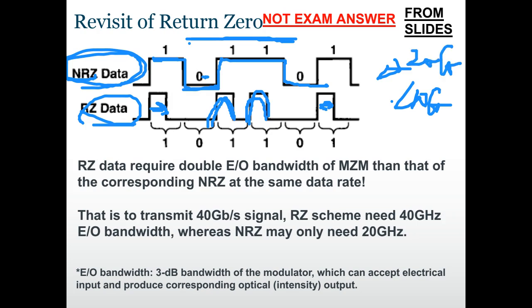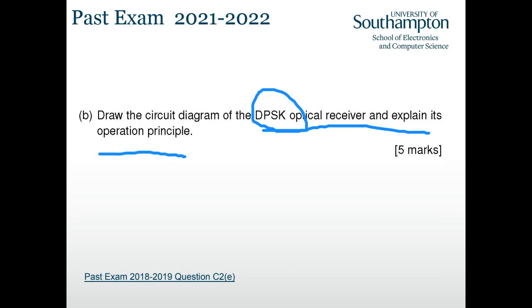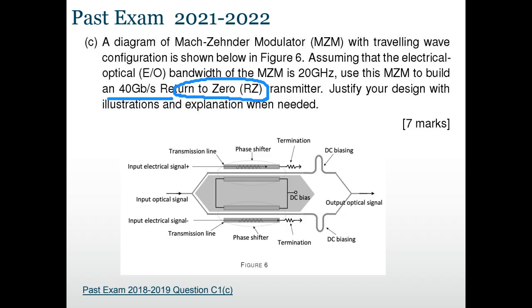But for return to zero, we need 40 gigahertz bandwidth. So that's the background. Another question asks you, how do we still drive this circuit by 20 gigahertz bandwidth for return to zero?